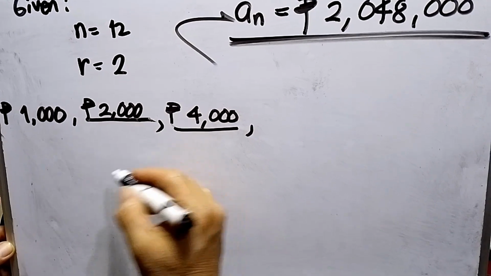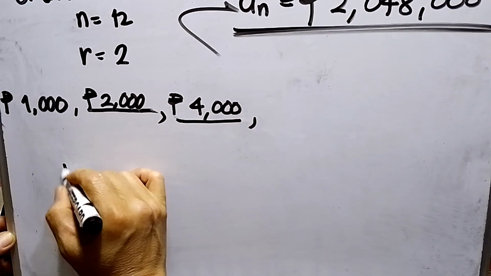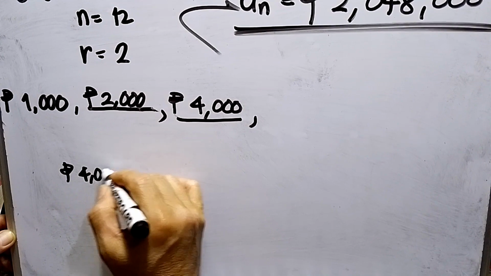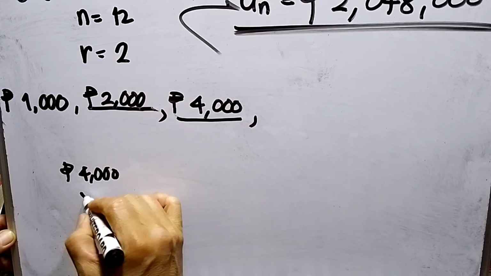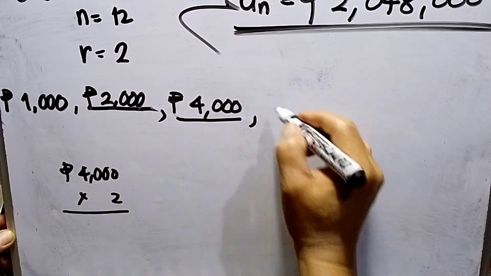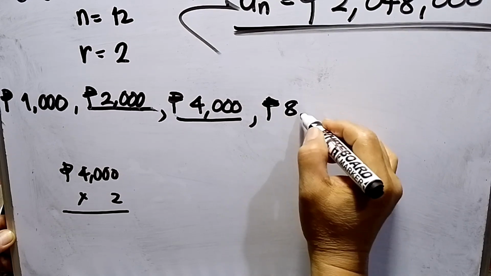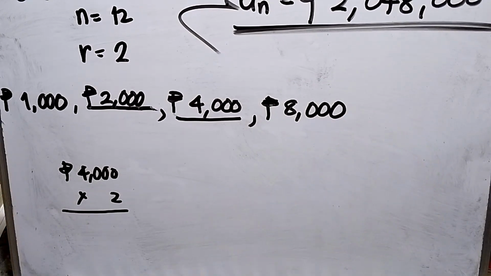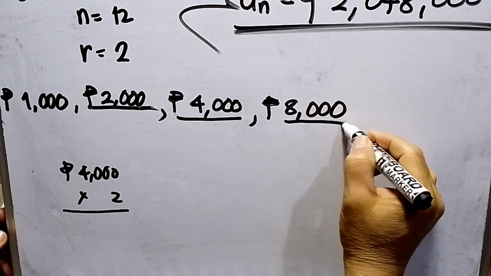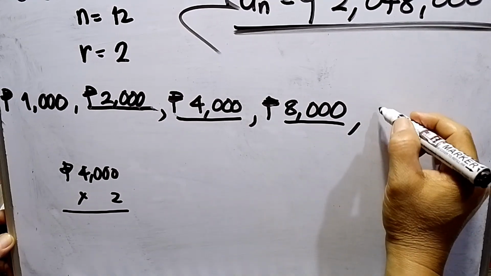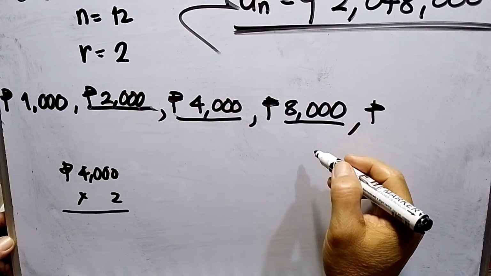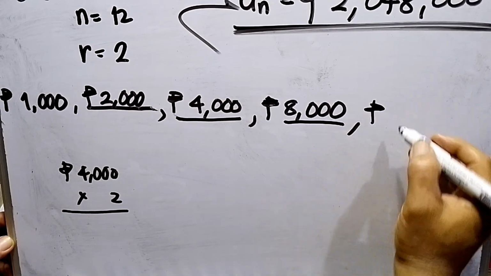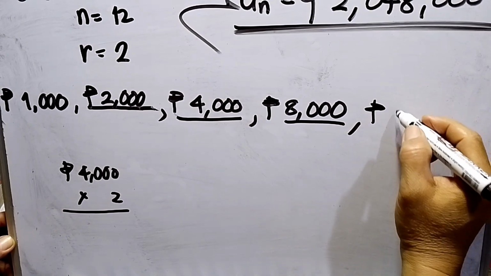So we multiply: 4,000 times 2 will be 8,000. Then times 2 is 16,000.